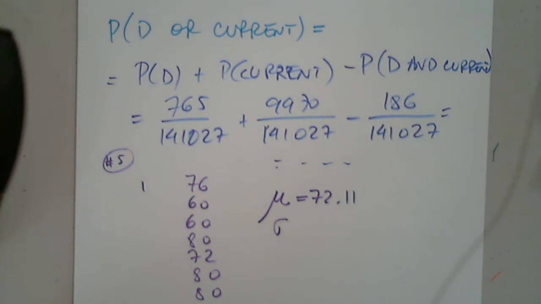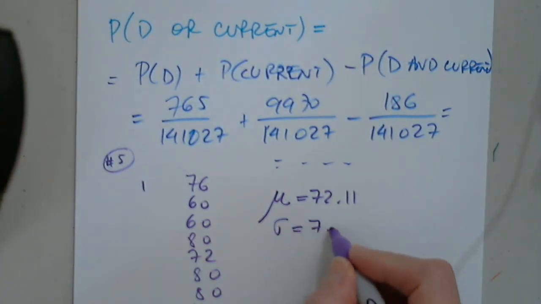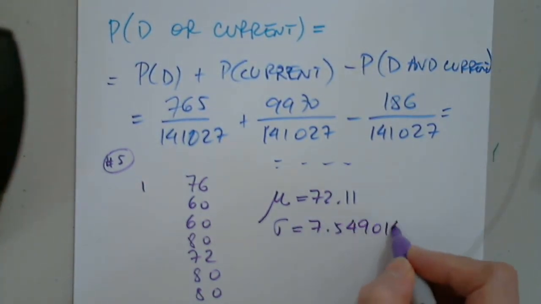Okay, so I want the unadjusted standard deviation. Careful with that. See, it's a totally different situation. Here we divide by 8, and here we divide by 9. It's the population. We have to divide by 9. So sigma is 7.5490168.